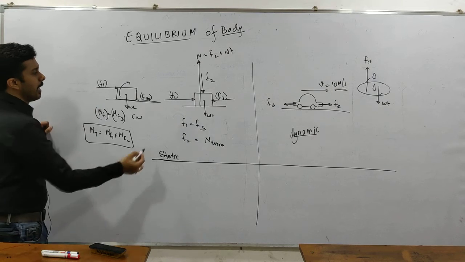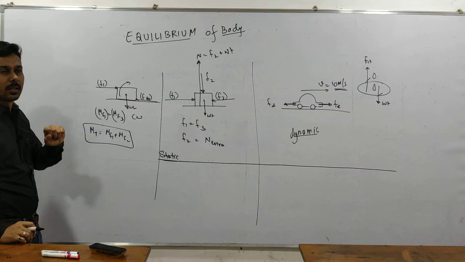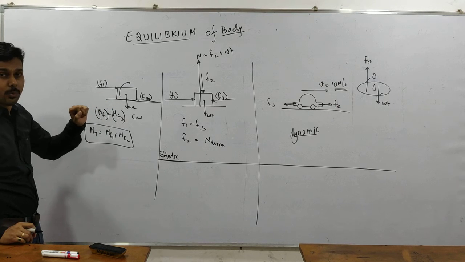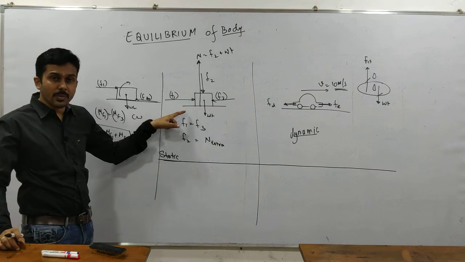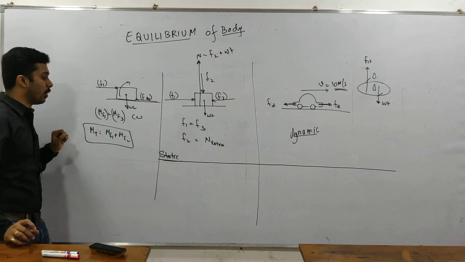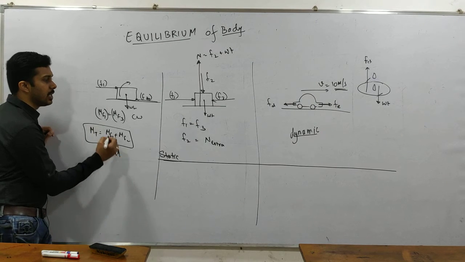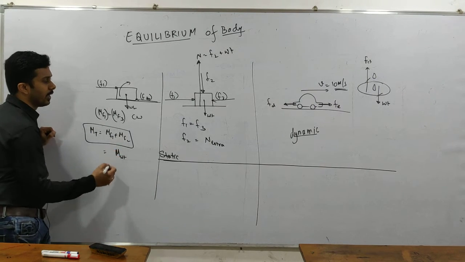So let's say if this body is static, it is not moving, then apart from the force balance, there should also be moment balance. When I talk about the moment balance, this moment should be exactly equal to the moment due to weight.